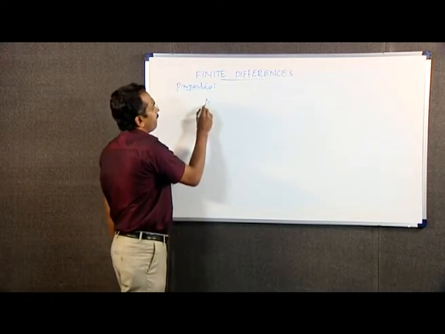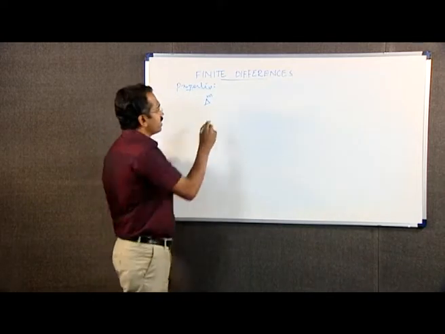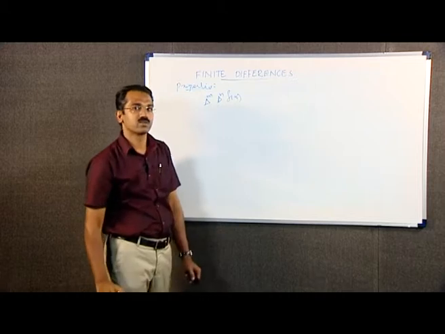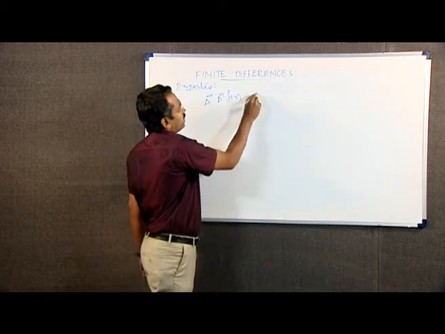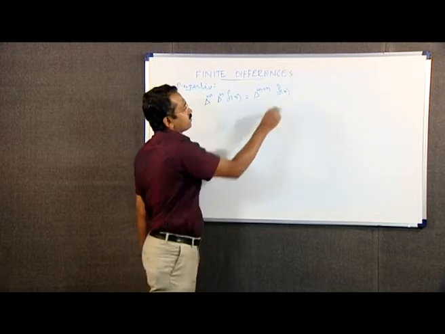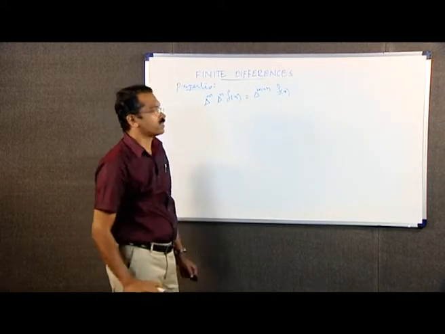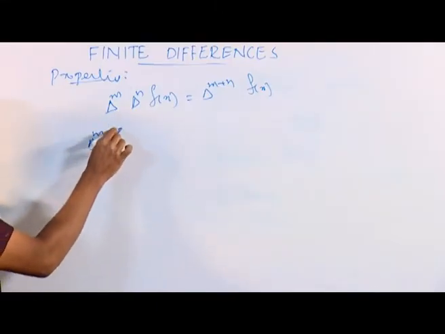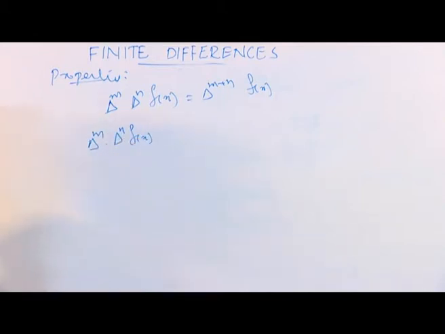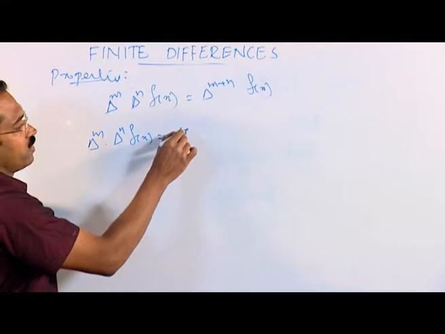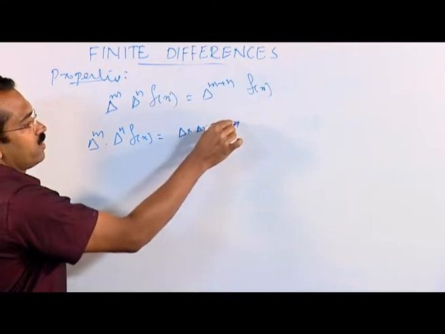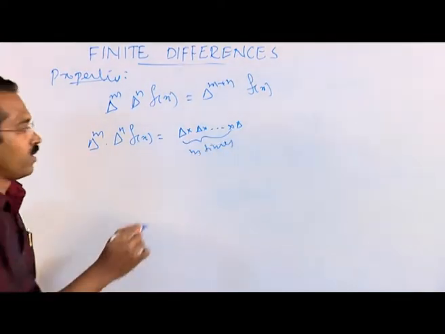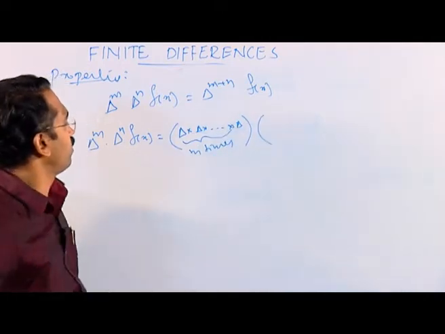And the fourth one is delta raised to m into delta raised to n. Delta raised to m of delta raised to n f of x is equal to delta raised to m plus n of f of x, where m and n are positive integers. We have delta raised to m of delta raised to n f of x, that is the left hand side, is equal to delta raised to m means delta into etc. into delta, that is m times delta, of n times delta.